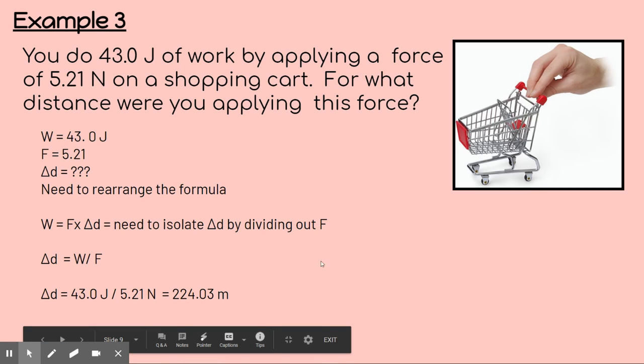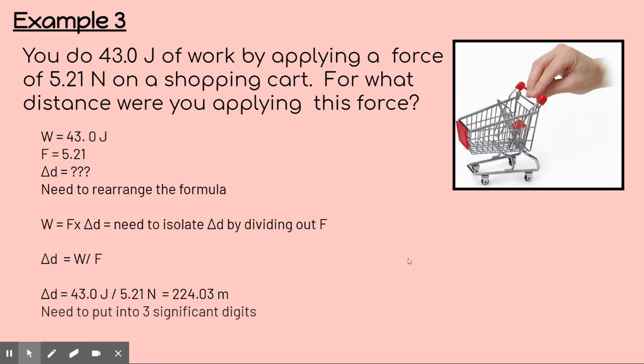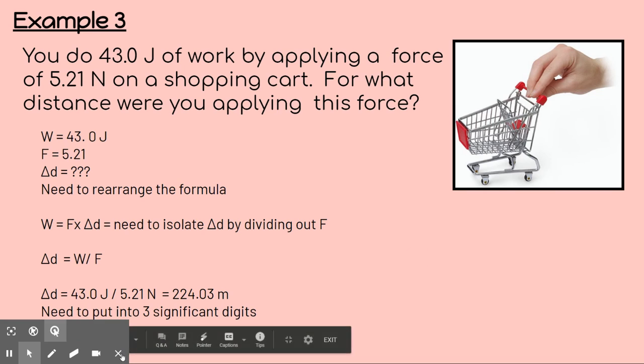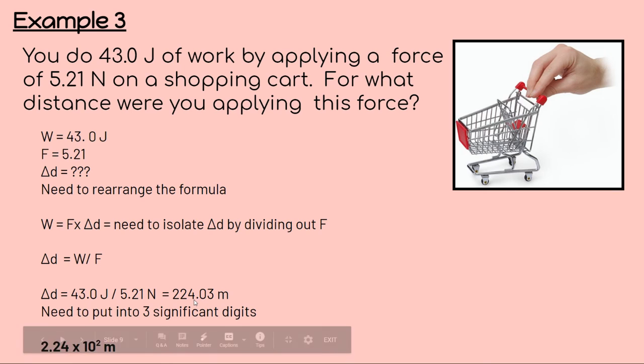This has 5. So what you need to do is put it into scientific notation. So let's put it into scientific notation using our 3 digits. Sorry, that's covering it. So again, moving the decimal place over to make a number between 1 and 10. 1, 2. I'm going to get 2.24 because I need to have 3 significant digits.